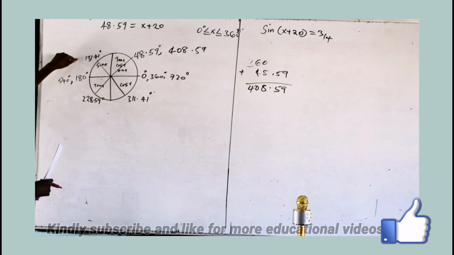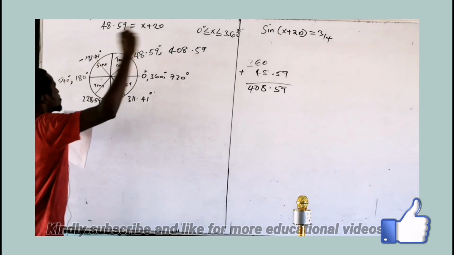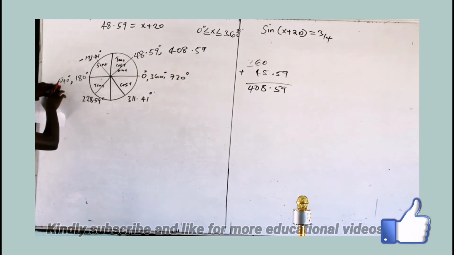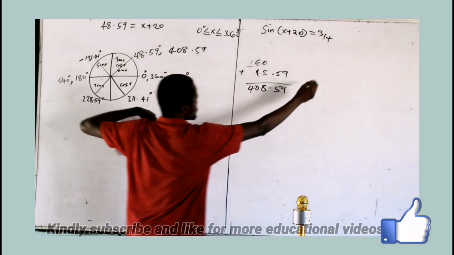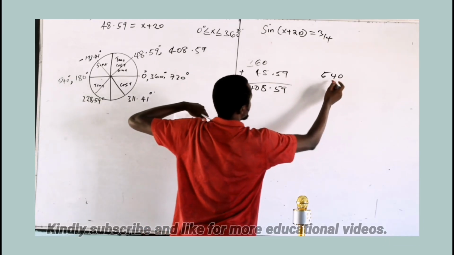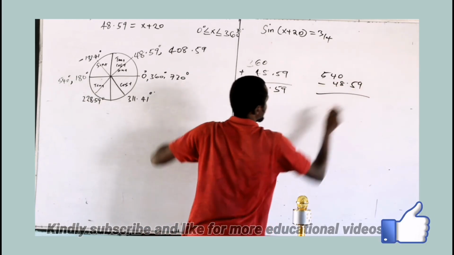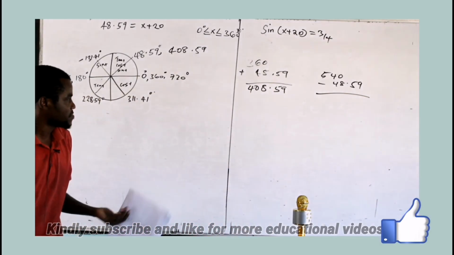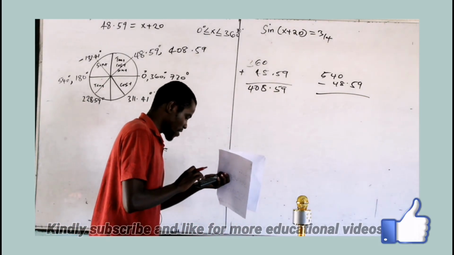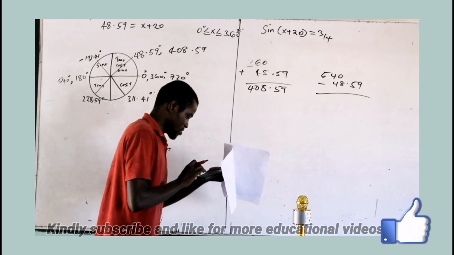The same will happen if I proceed to the second quadrant in my second rotation. The angle formed will be 540 minus 48.59.